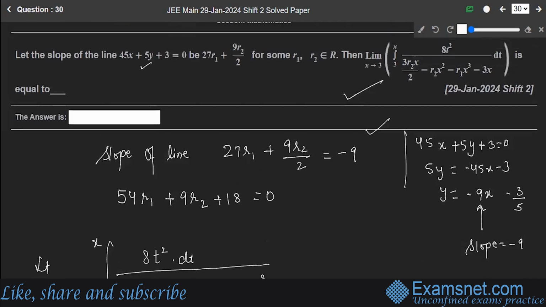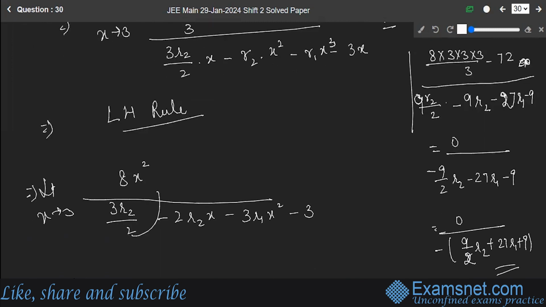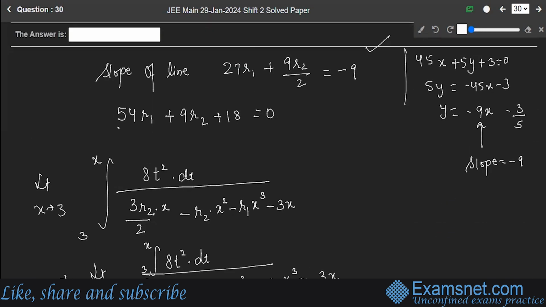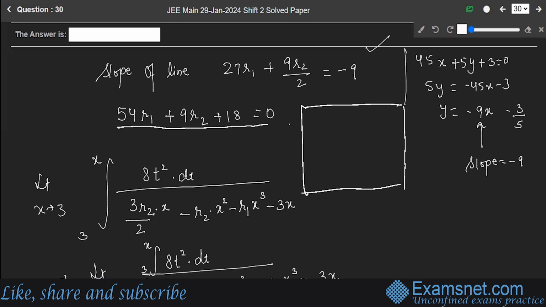And what was this value? See, this value 9 from here. Let's do some calculations. If I take this 9√2 over this side, minus 9√2 minus 54√1 is equal to 18, right? Let's fill this over here.